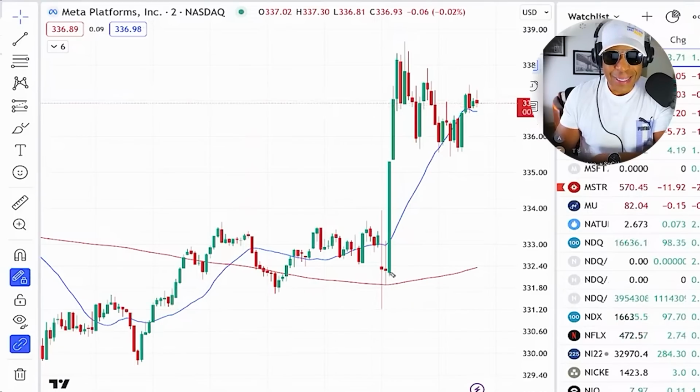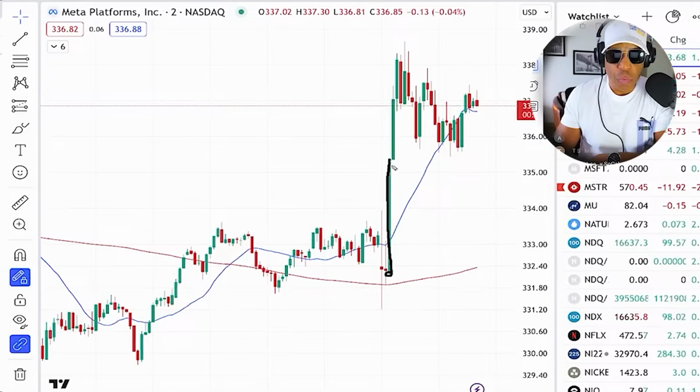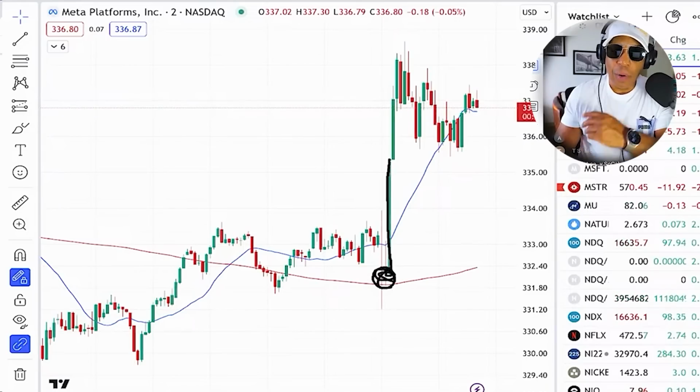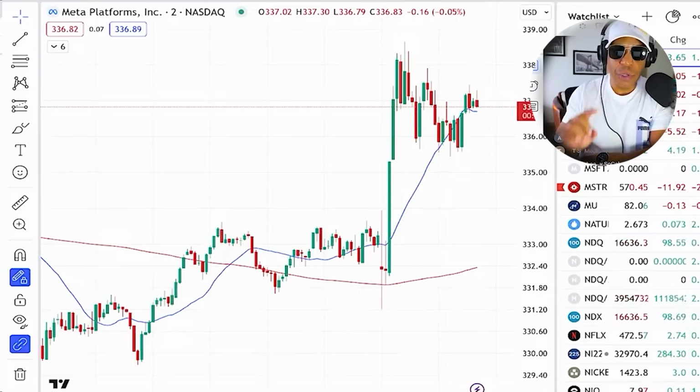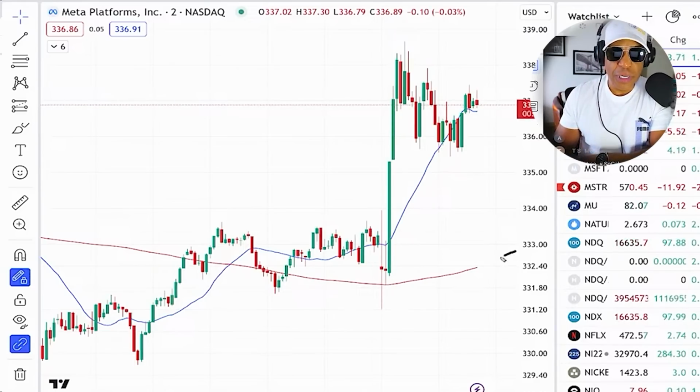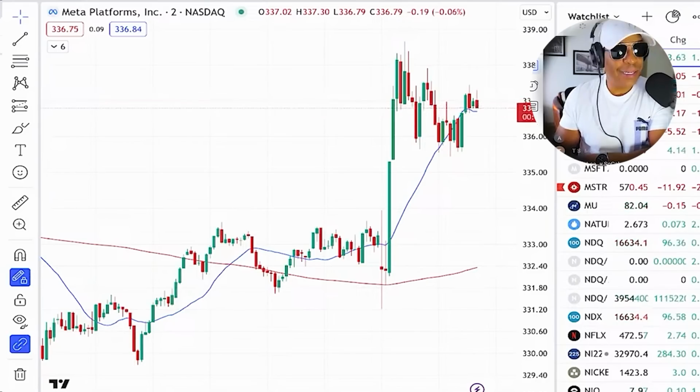so what you see in Meta is the surge originating from around the 200. Now, I never want you to look at the 200 as if it's the way your charting platform will display it. Your charting platform is going to display the 200 as a skinny line. It's not a skinny line. It never is a skinny line.